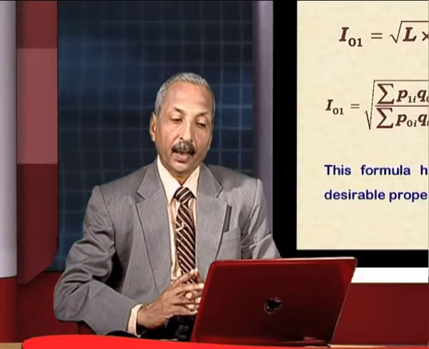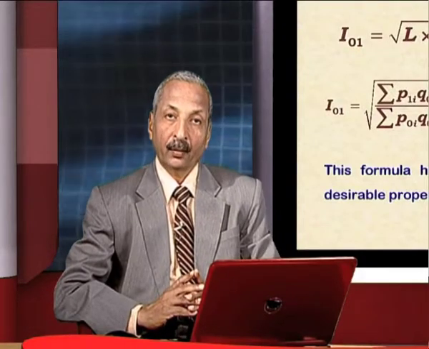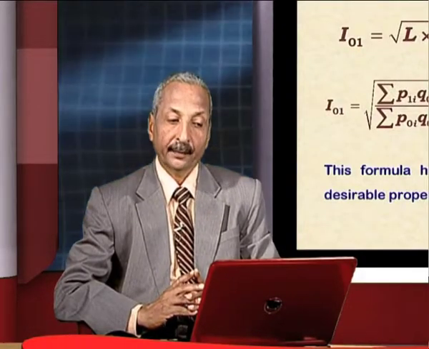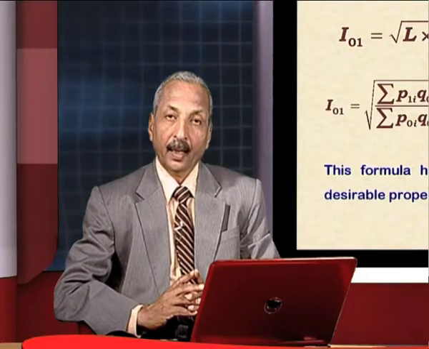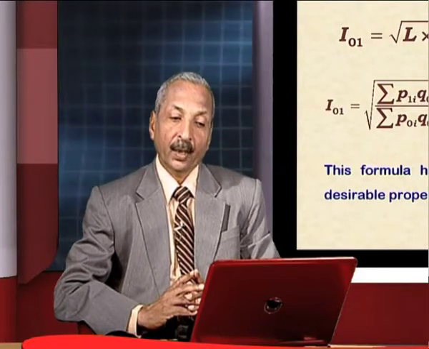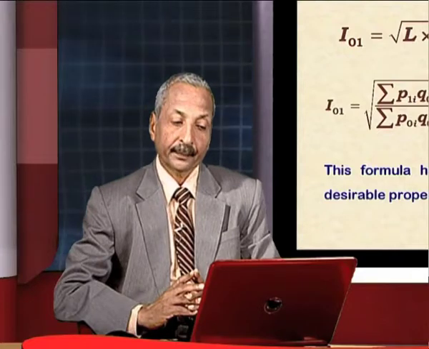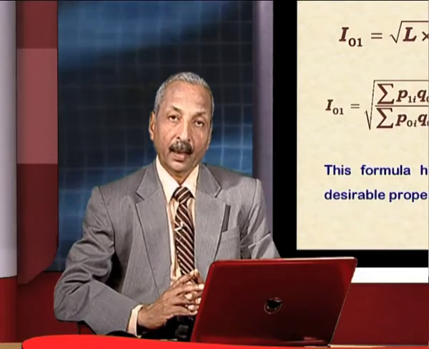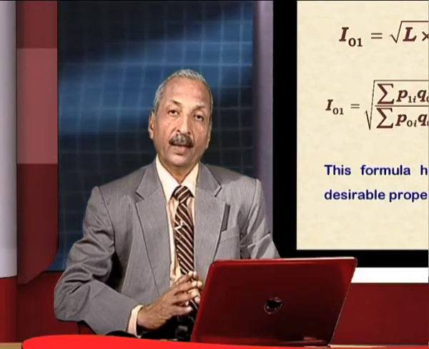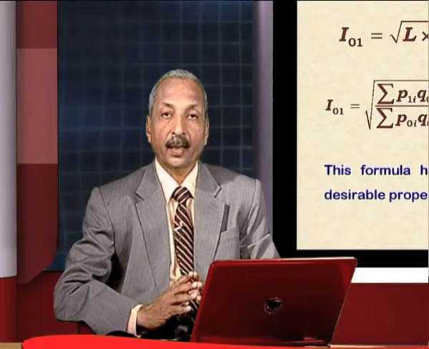And the index number due to Walsh, who gave it in 1901, and again by Fisher in 1920. This formula is nothing but the geometric mean of the Laspeyres and Paasche's index number.